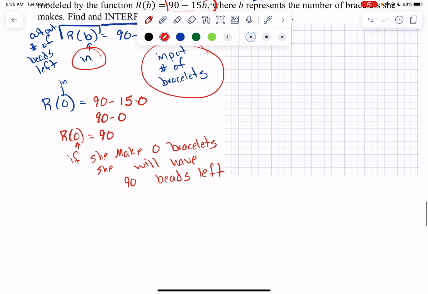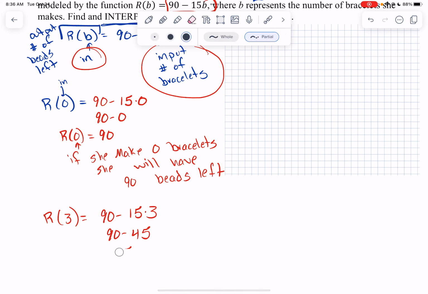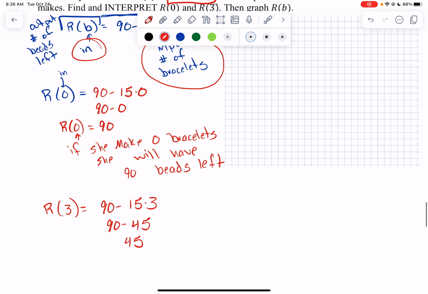It also wants us to find R of 3. So 90 minus 15 times 3. So 90 minus 15 times 3 is 45. Sorry. Okay.